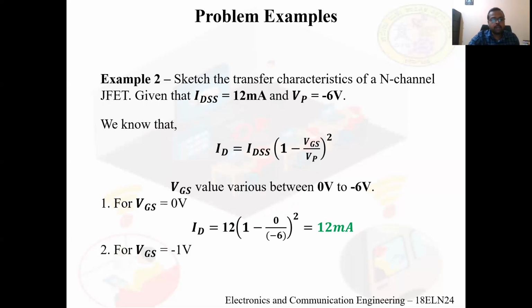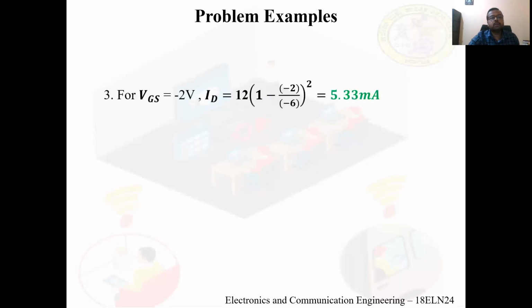Similarly, now calculate ID for VGS equal to minus 1 volt. Substitute the values in Shockley's equation. You get 8.33 milliamperes for VGS equal to minus 1 volt. Now do it for minus 2 volt. You get 5.33 milliamperes. For VGS equal to minus 3 volts, the drain current is 3 milliamperes.